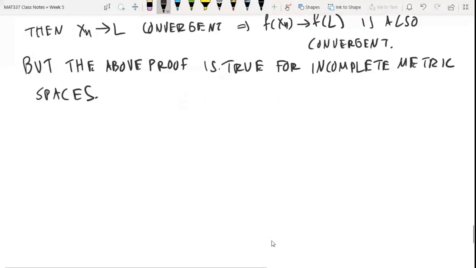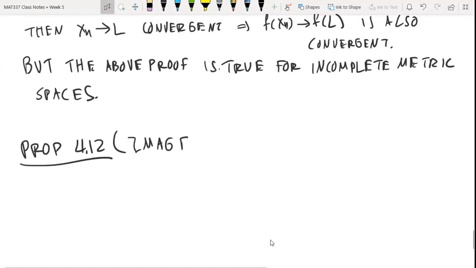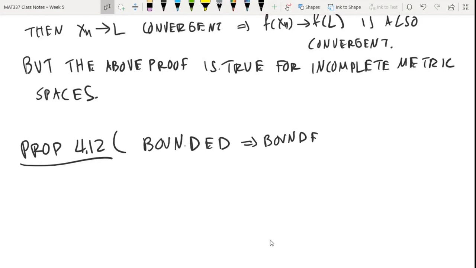Okay, so proposition 4.12. Image of bounded, UC image of bounded. So let me write it differently. Bounded goes to bounded, if it's UC. Okay, so same.